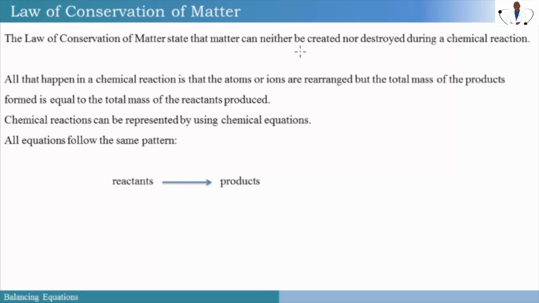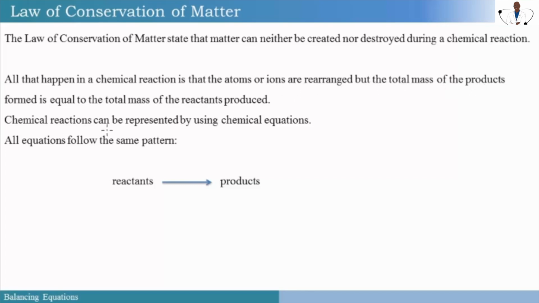So all that happens is that the atoms are rearranged. So, in a chemical equation, the atoms or ions are rearranged to form products, but the total mass of the reactants is equal to the total mass of the products.